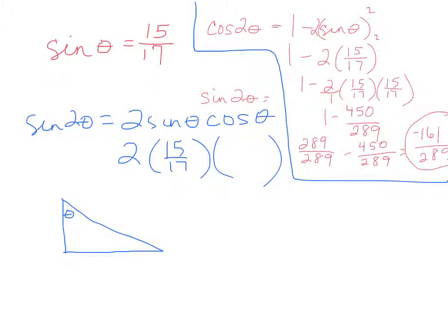But I have the sine of theta, and I know sine is the opposite side over the hypotenuse. So I know 15 is across from my angle, and I know 17 is the hypotenuse. So now you're back to that old skill. Find the adjacent and then use it for cosine. So you've got to do your a squared plus b squared equals c squared.